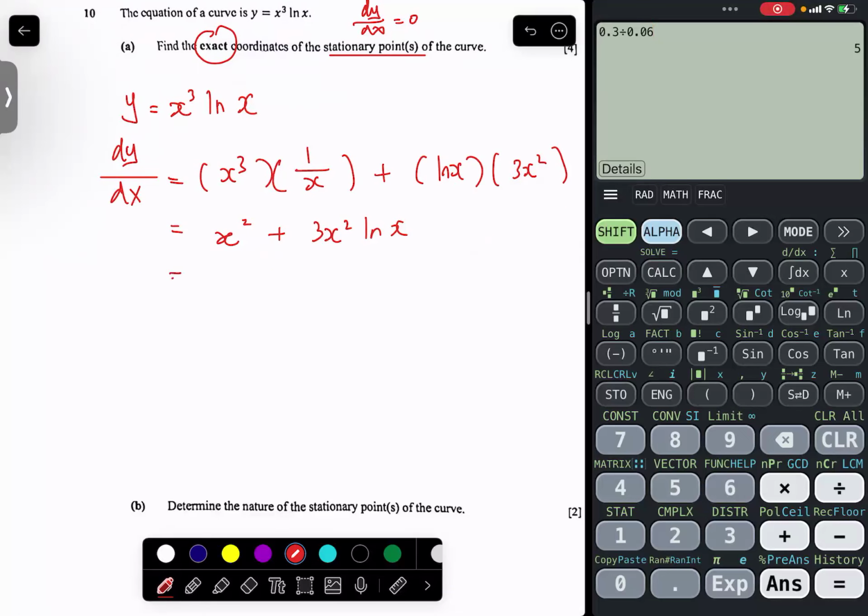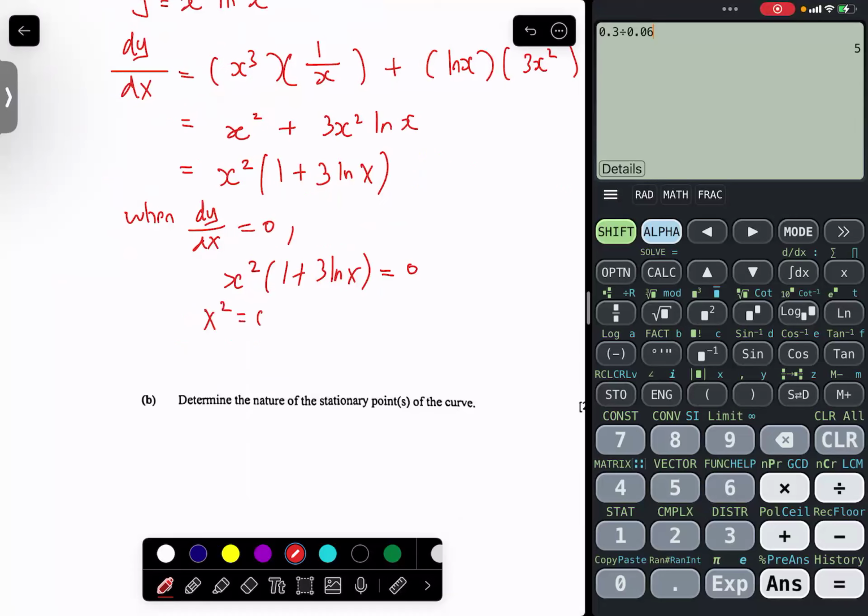If I factorize out the x squared, that would be x squared times (1 plus 3 ln x). So when dy/dx equals 0, x squared (1 plus 3 ln x) equals 0. So x squared equals 0, x equals 0, or 3 ln x equals negative 1. Ln x equals negative 1/3, x equals e to the power of negative 1/3.